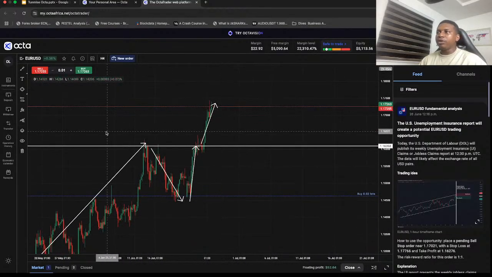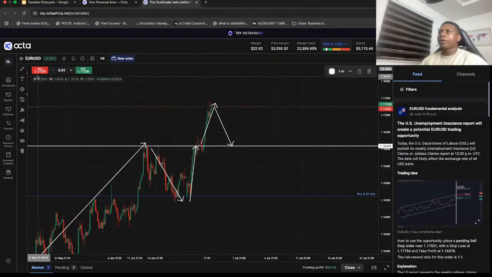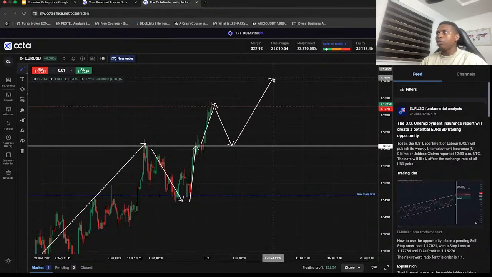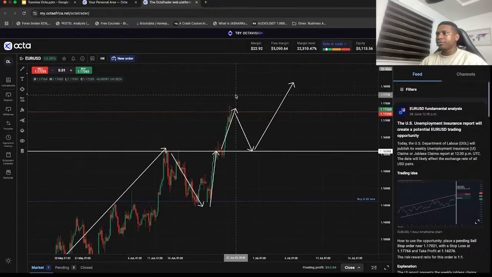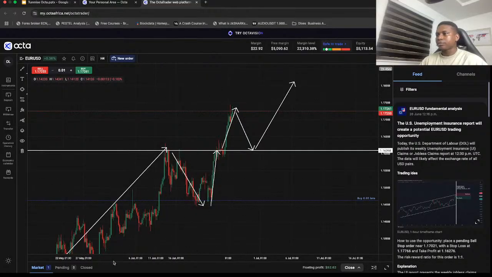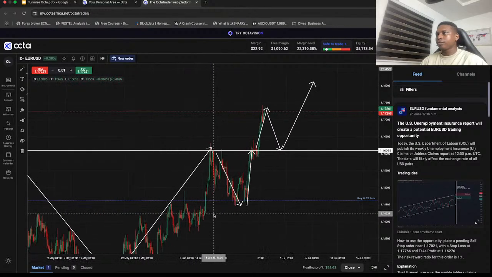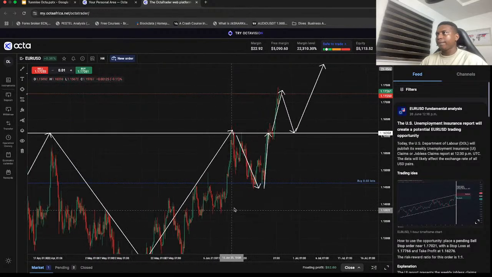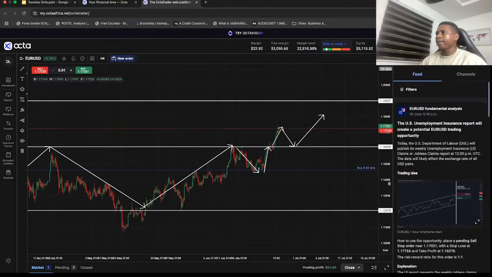Now, what can happen here is a pushback in price, all right, and a continuous push up in price.